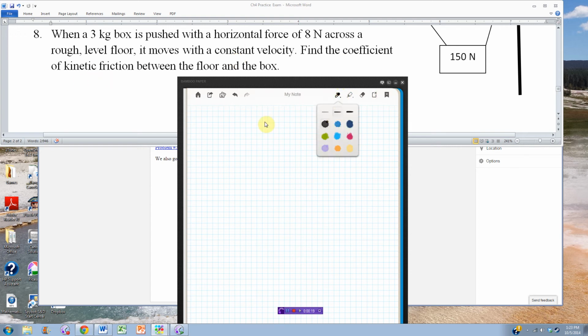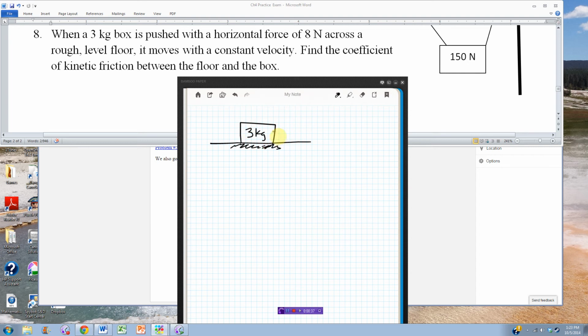I'm going to draw a little picture first so that I can full screen this. So I've got a level floor, a 3 kilogram box. The floor is rough.